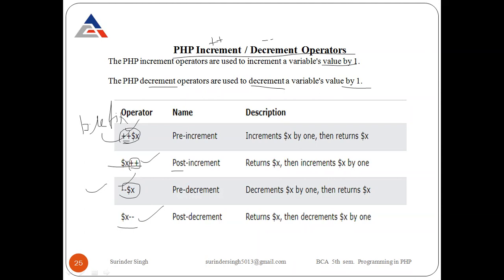In post increment or decrement, first the value of the variable will be used for any other operation, and then after that it will be incremented or decremented.